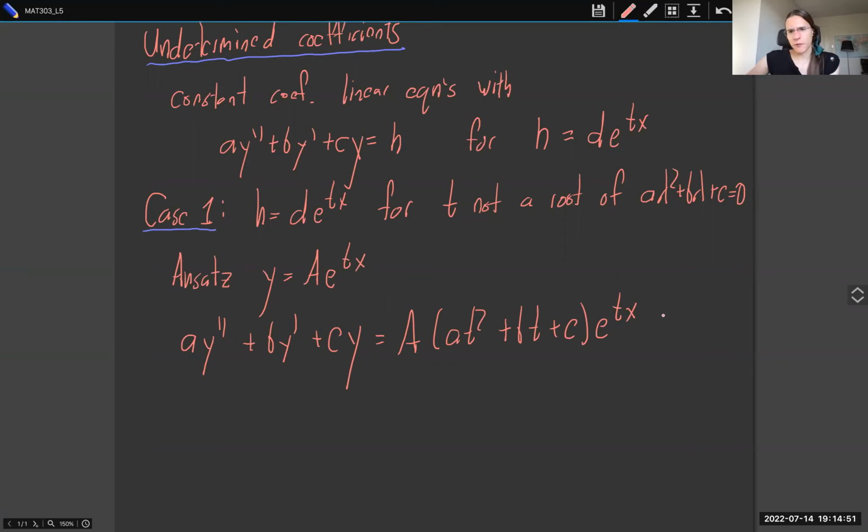And what we'd like for this to equal is d e to the tx. Thus, A is equal to d divided by the characteristic polynomial evaluated at t. And this only works when this isn't 0, of course.